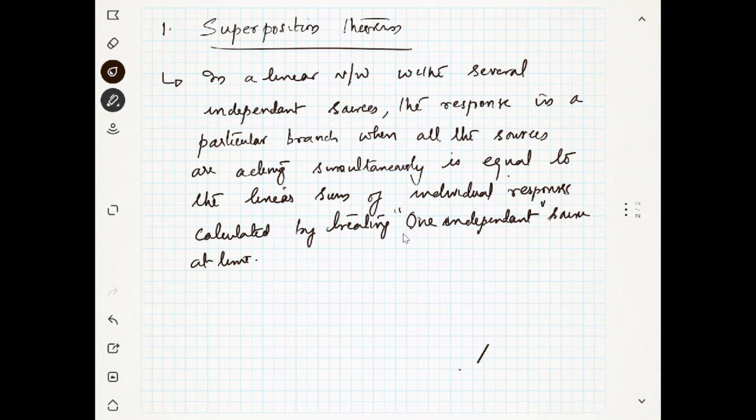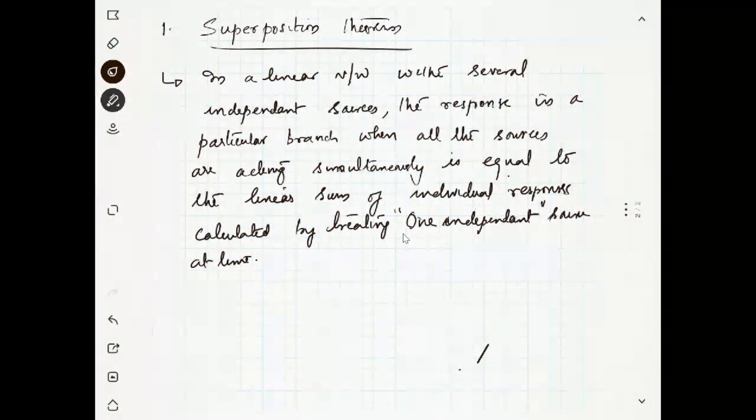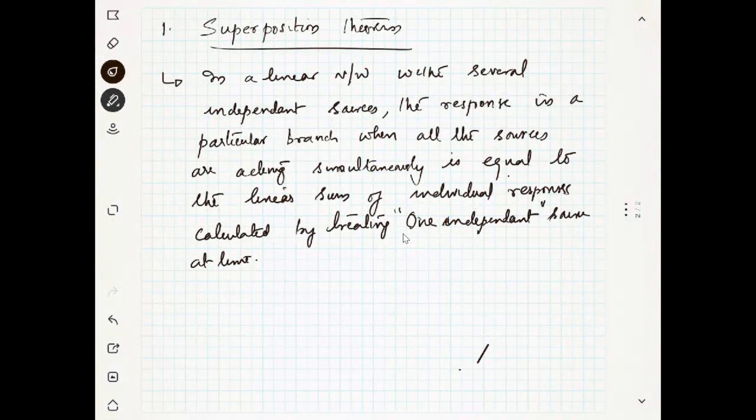Suppose you have a system with three sources, all acting together, maybe two current sources and one voltage source. Now you have to find the current or voltage across a resistance. You will turn on only one source and find the response. Then you will turn on another source and find the response. Then you will turn on another source and find the response. And you will add all this together.